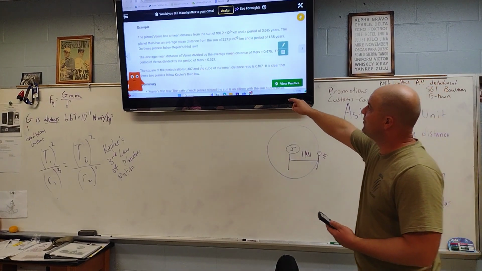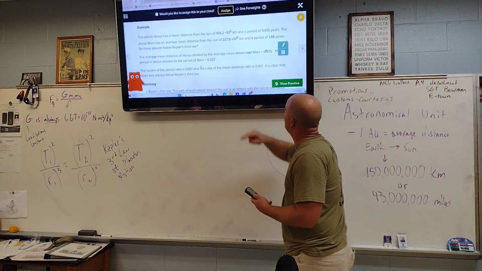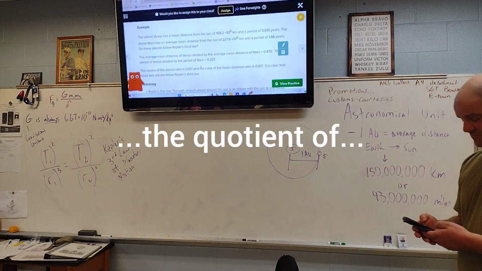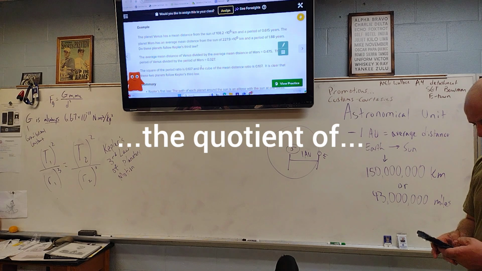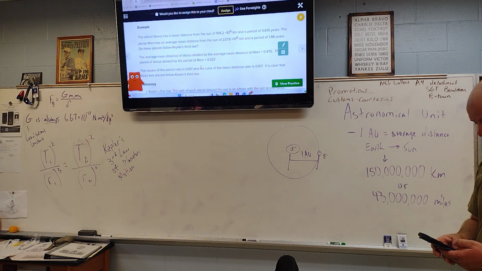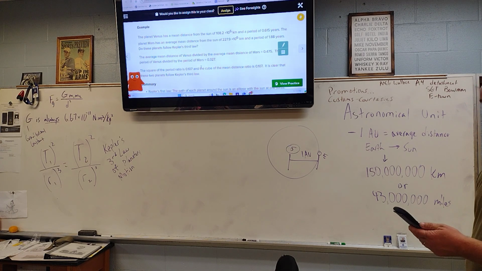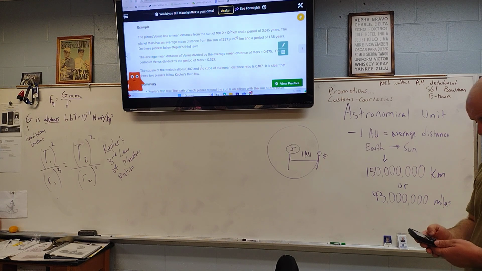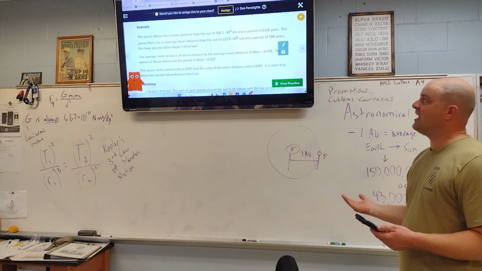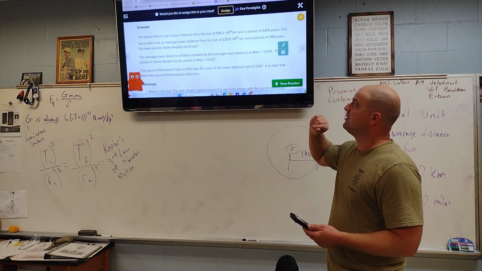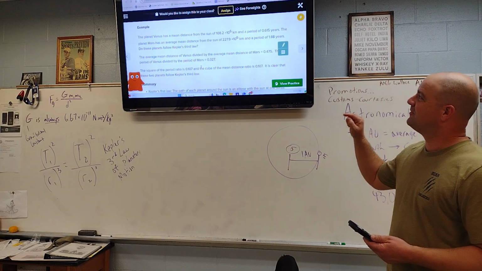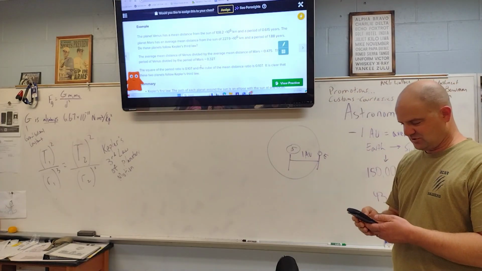Okay? So if we have the distance here, 0.475, and we cube it, we get 0.107. And it should be the same as when we square the period division between the two.